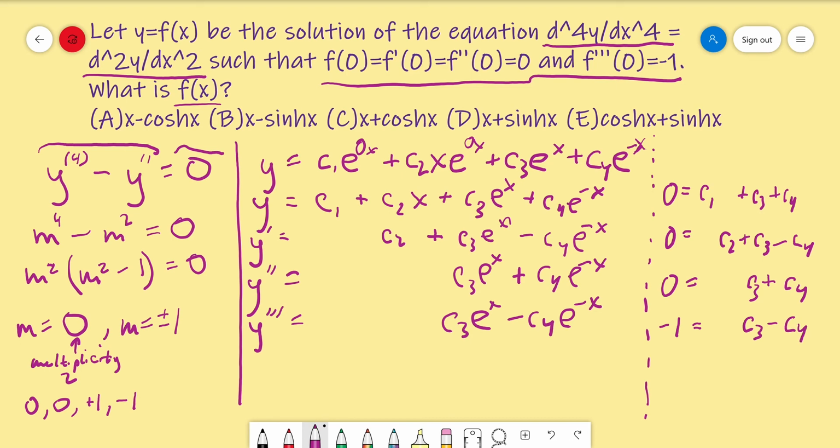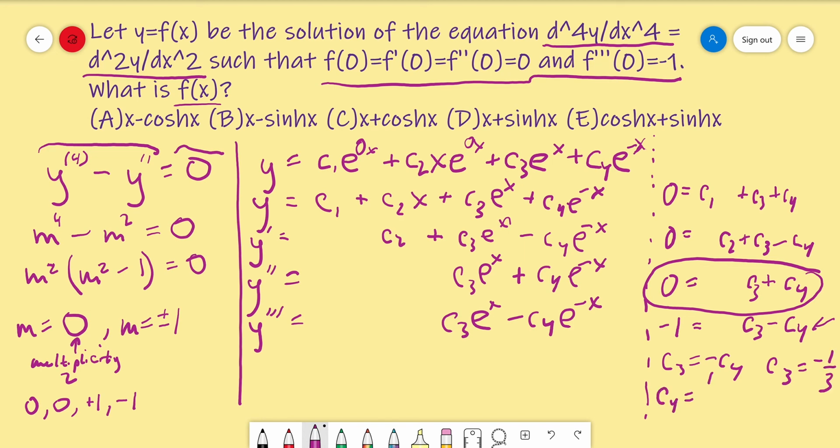Alright, so now we have to figure out what these constants are. From the third equation, we know that C3 is equal to negative C4. So C3 and C4 are just negatives of each other, which tells us that, if we look at the fourth equation, C3 minus negative C3, so C3 plus C3, that's 2 times C3 is equal to negative 1. So that means that C3 equals negative 1/2, which means that C4 is the negative of that.